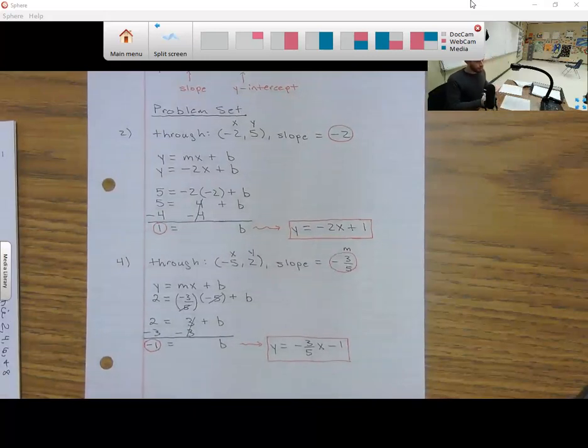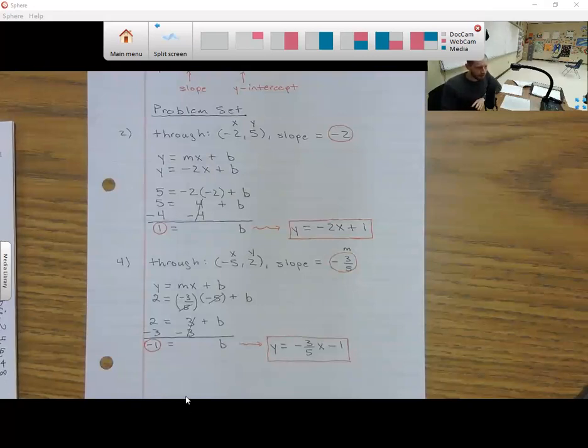Okay, so those are the first 2 problems that I wanted to do. Now what I want to do is confirm my answers by graphing. The way you can check your answers is you can go to Desmos, which is basically a free online graphing calculator. You can plug in that y equals equation that you just found, right?